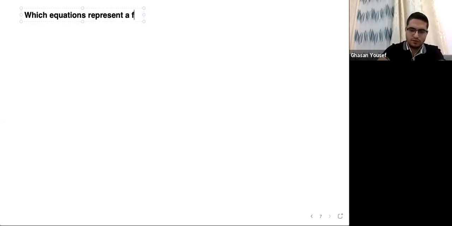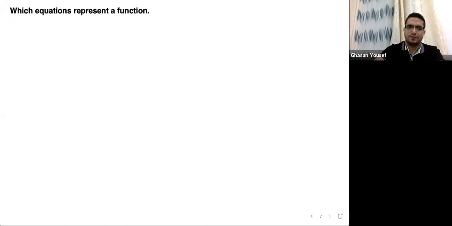Again, let me remind you what the meaning of a function is. A function is a machine such that every input has only one output. You have to know this before we start this part of the section.